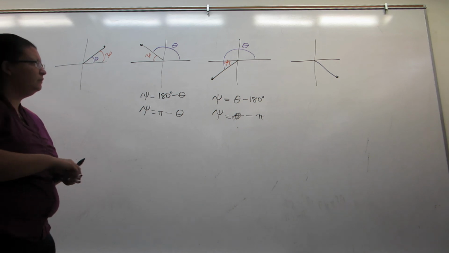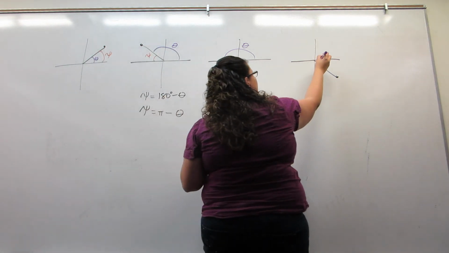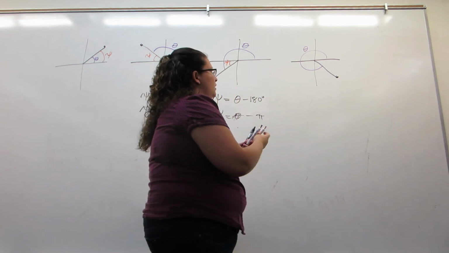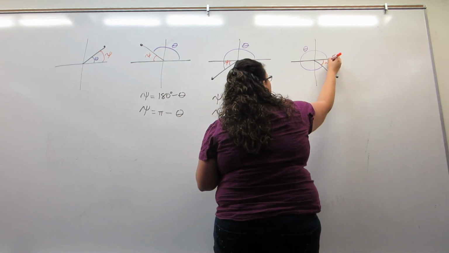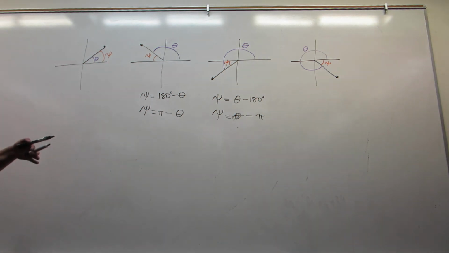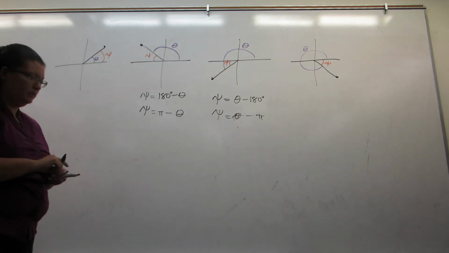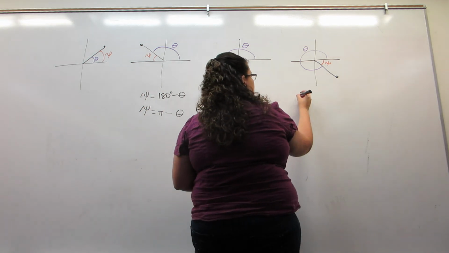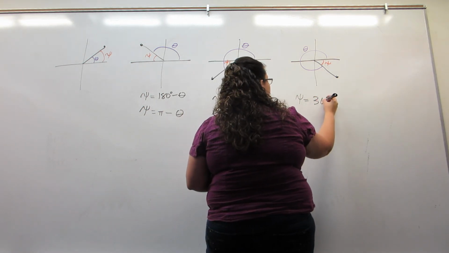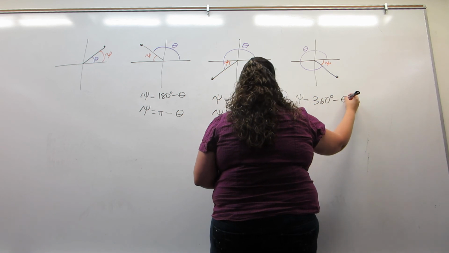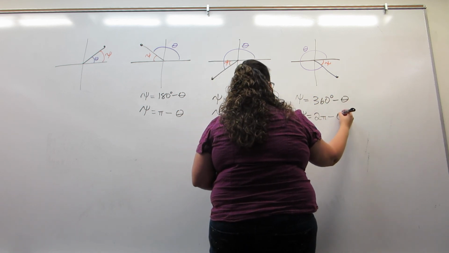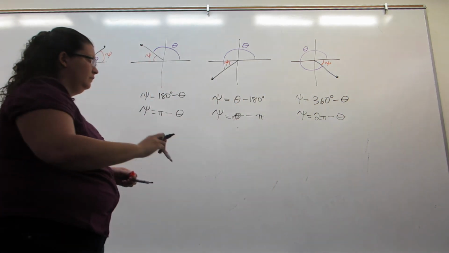In the fourth quadrant, our original angle is right here, and our reference angle is right here. Notice the reference angles are always from the terminal side straight to the x-axis. So this means that our reference angle is 360 degrees minus theta, or 2 pi minus theta.